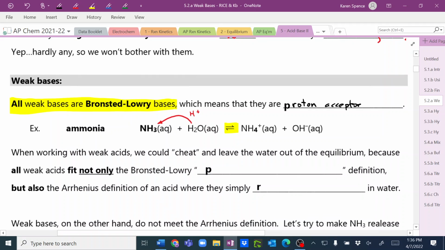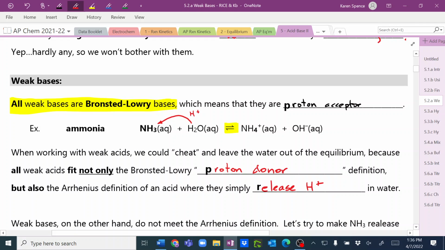When we were working with weak acids, we could cheat and leave the water out of the equilibrium because all weak acids fit the Bronsted-Lowry definition. What's a Bronsted-Lowry acid? It is a proton donor. They fit not only the Bronsted-Lowry proton donor definition, but also the Arrhenius definition of an acid, where they simply release hydrogen in water, okay?